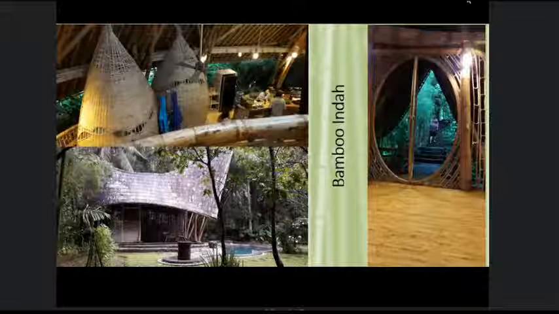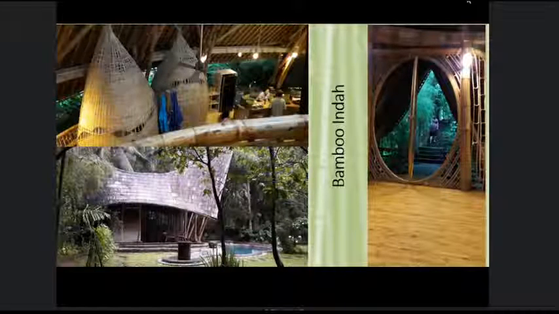Yeah, so this is also part of Bamboo India. This is a circular door, central. One of them is the outer room, as a toilet, and the other is the way for the pantry. The whole lifestyle at Bamboo India is different. It's a seven-star property.